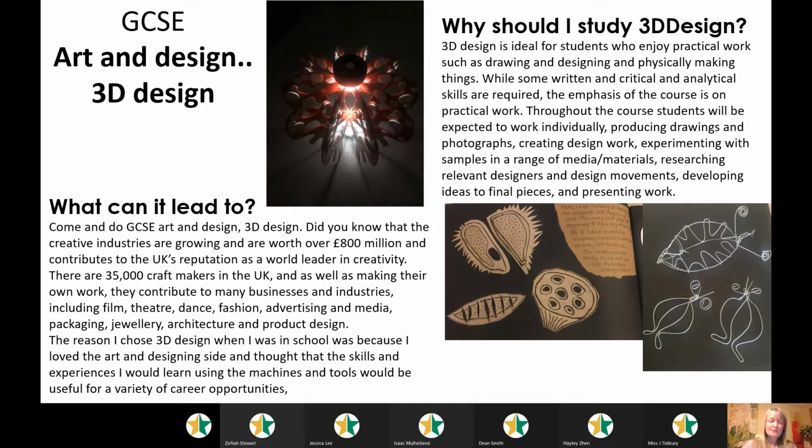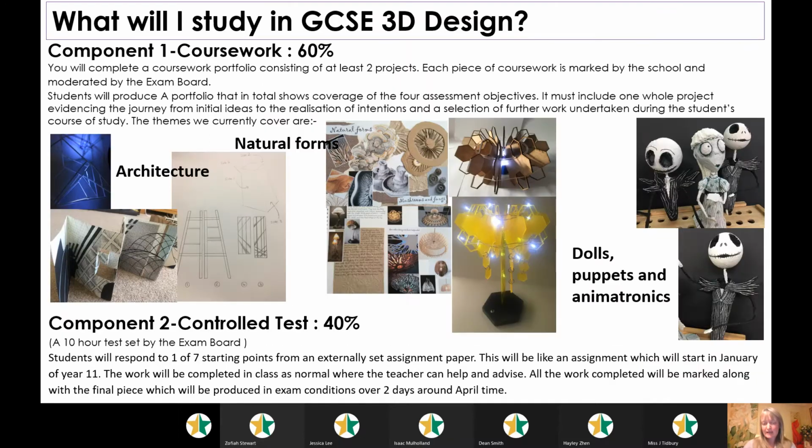Now, if I just move on and quickly explain what the actual course entails. So there are two components. The first component is the coursework component that is worth 60%. And that starts from day one of year 10. Everything that you produce throughout year 10 and the start of year 11 will be that coursework component. It will usually be two projects that you complete, but sometimes, depending on the class, depending on how it goes, we sometimes sneak a third project in there.